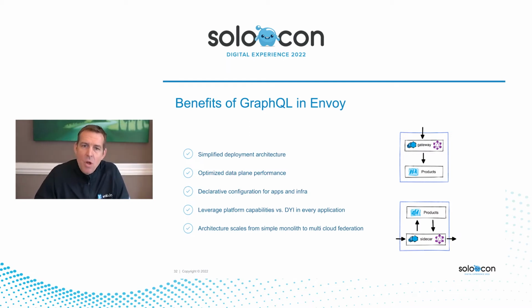Yet that simple architecture scales all the way to composite APIs, through federated APIs with stitching, all the way to hybrid multi-cloud and multi-cluster environments where we have a unified control plane in the mesh that spans all of the environments. So a single solution here that's going to grow with your usage, and it's going to fully support you in your first steps with GraphQL, all the way to the long game of global multi-cloud deployments.